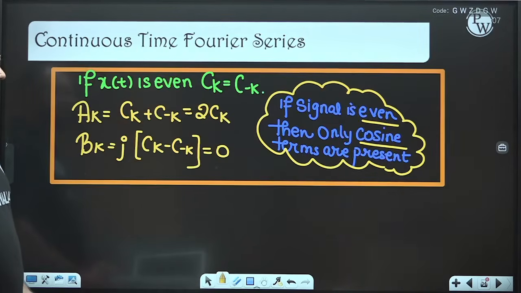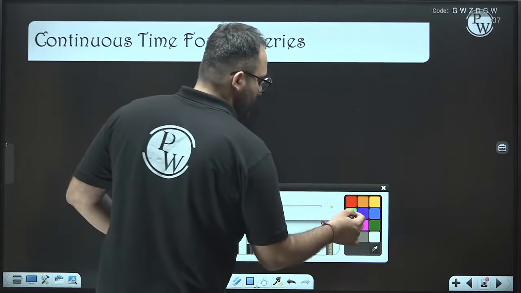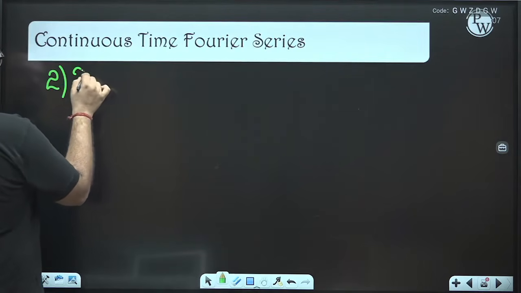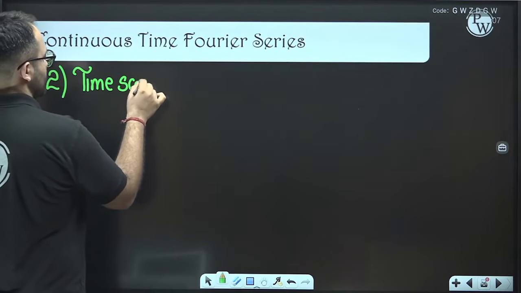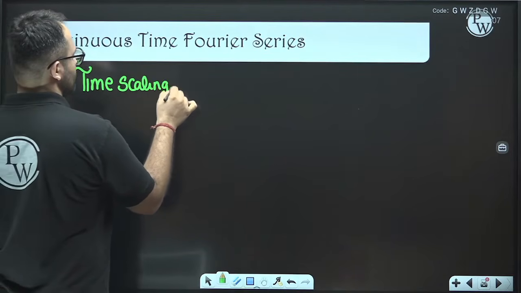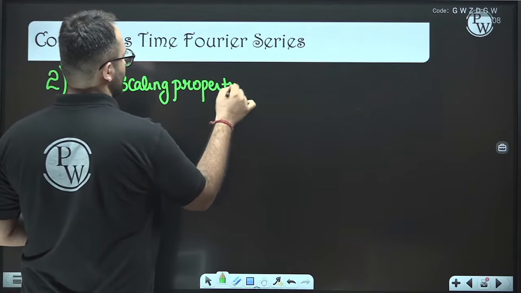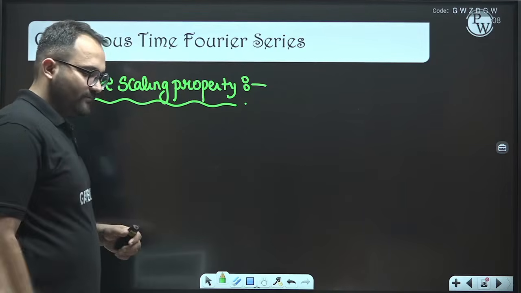Of the time reversal. Okay, time reversal. Next, second property, time scaling property.